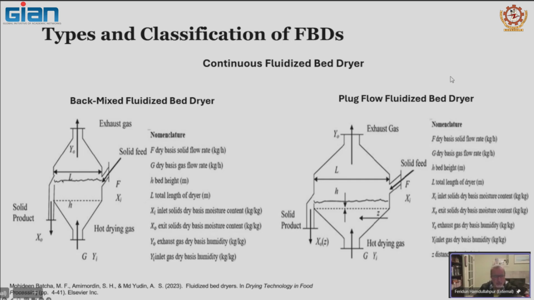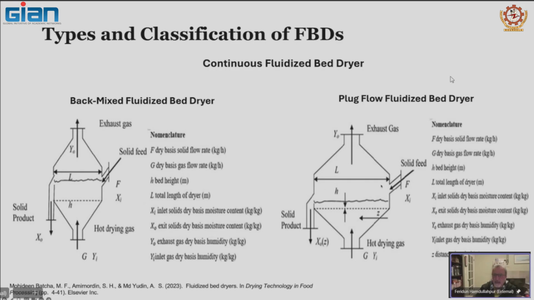Here, this is where the dense bed surface is, okay? And solids are fed into the dense bed. It depends on the density and size and everything, but this is one design that feeds into the dense bed, and the other one, in this case plug flow, feeds into the freeboard.